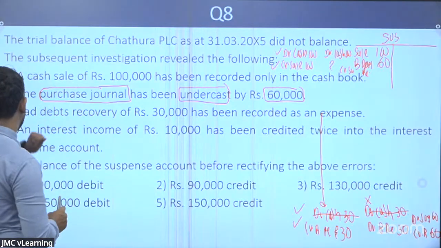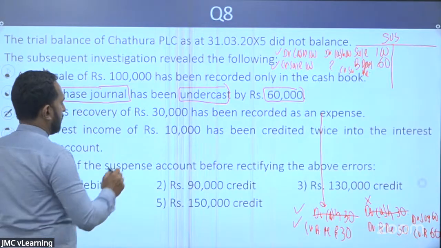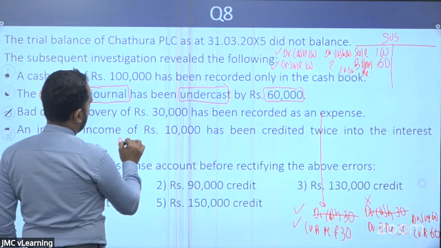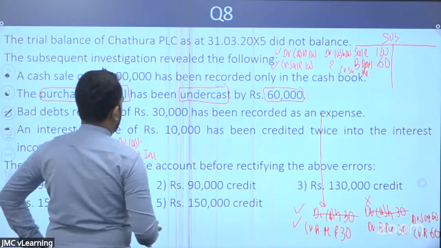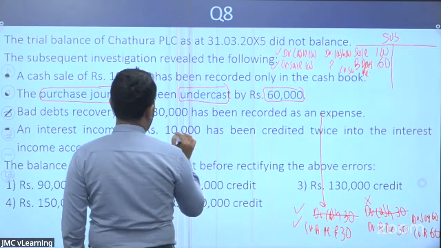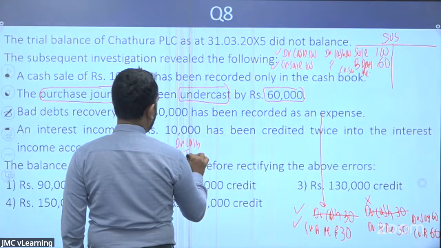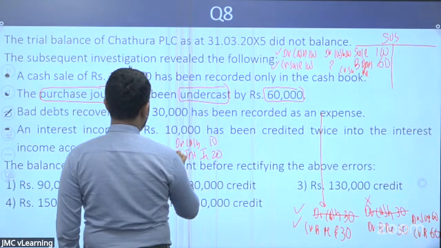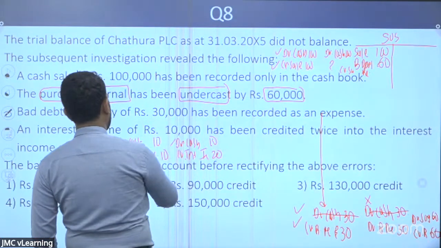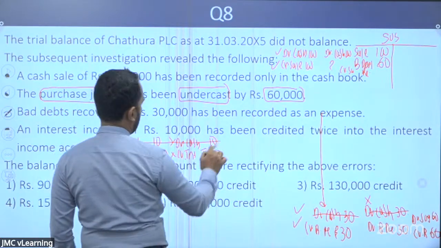An interest income of 10 has been credited twice in the interest income account. For interest income you should have recorded debited to cash, credited to interest income. What have they done? There is nothing wrong with cash. Debited to cash, credited to interest income 20, with 10 extra. This is the entry made in error.